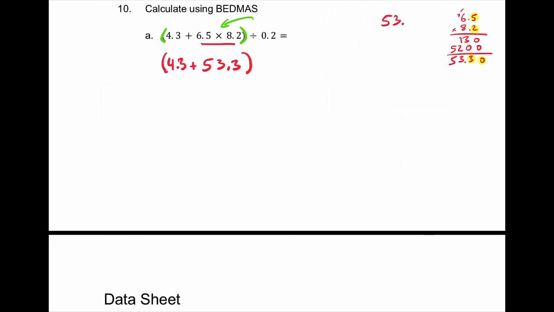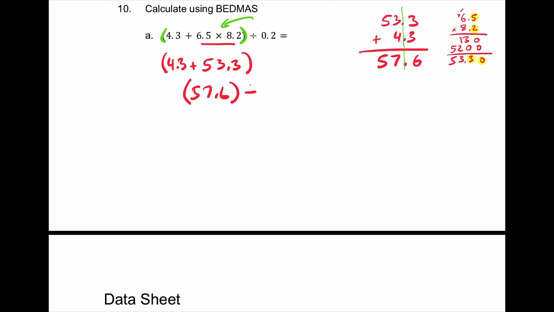So 53.3 plus 4.3. Remember, it's important that we line up these decimals when we're adding and subtracting. So 3 plus 3 is 6. There's the decimal, continues to line up. And 3 plus 4 is 7, so I have 57.6. That's what was inside the brackets.